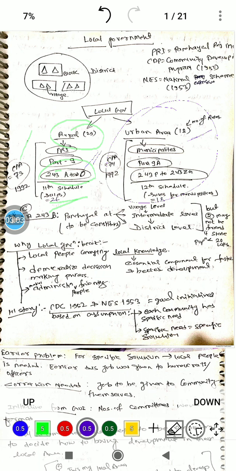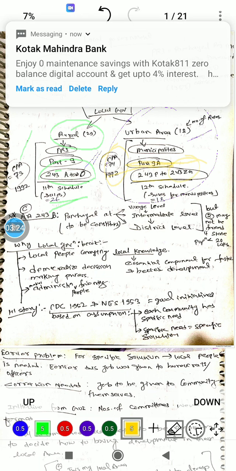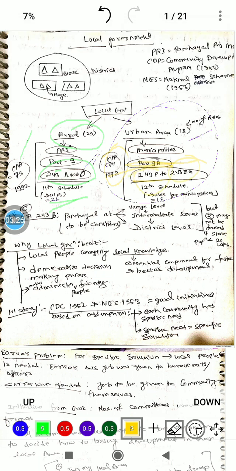Just like in the rural area there was PRI, in the urban area there will be municipalities, and it is provided under Part 9A. So these municipalities were formed by the Constitution Amendment Act of 1992. And it is given in Articles 243P to 243ZG. So look at here.